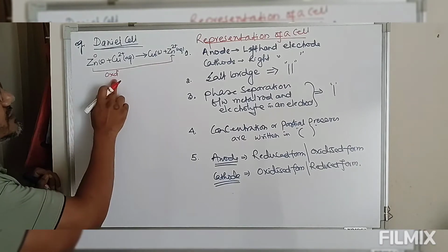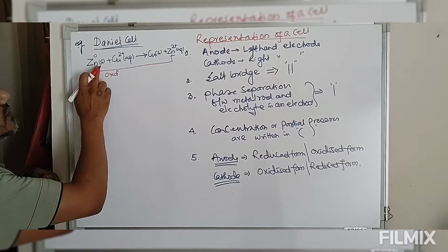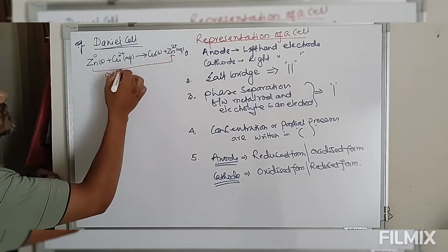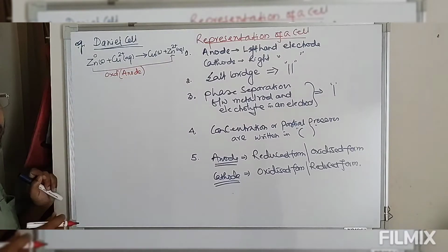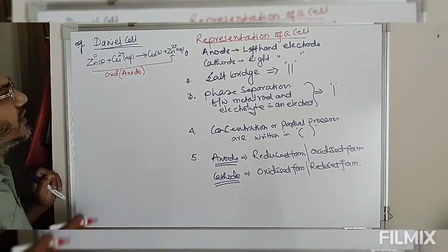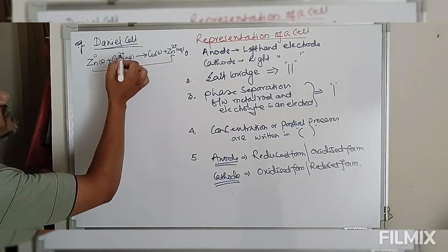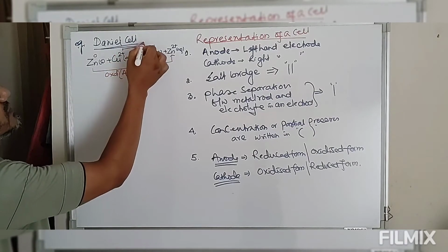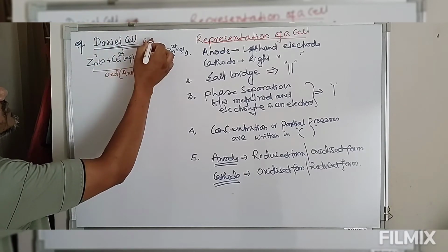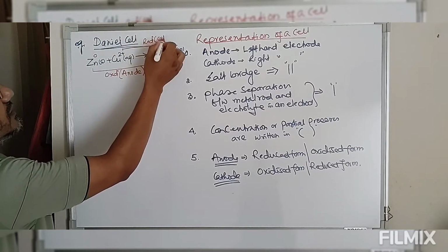So this oxidation reaction, zinc 0 to +2, must be taking place at anode. On the other side, copper is changing from +2 to 0. So this is reduction. So reduction takes place at cathode.